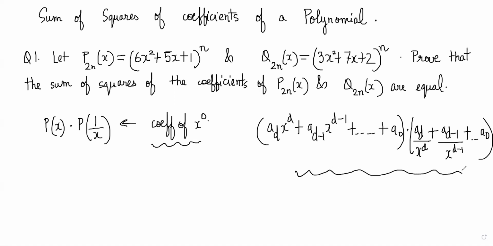You multiply these two polynomials and find the coefficient of x power 0 in the product. So that will obviously be this term multiplied by this term, so that will be a_d squared plus a_(d-1) squared and so on till a_0 squared.